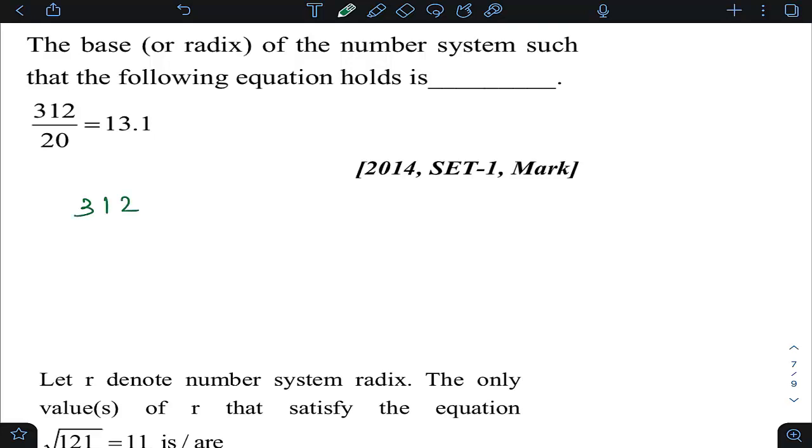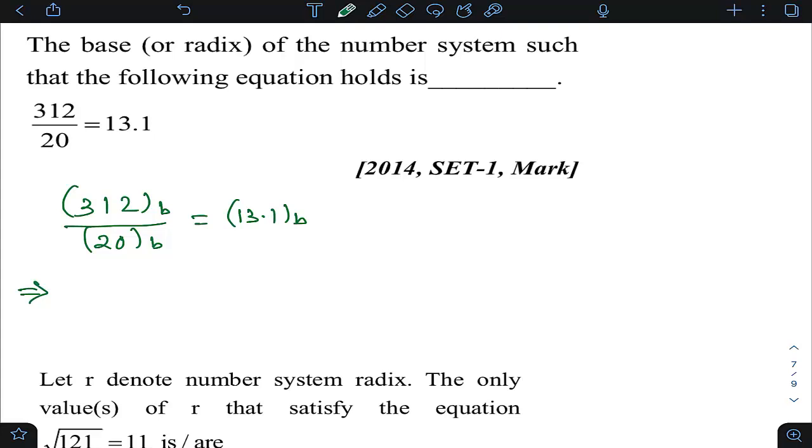So 312 base B divided by 20 base B is equal to 13.1 base B. Because we don't know the base, let us convert all these numbers into base 10 format.